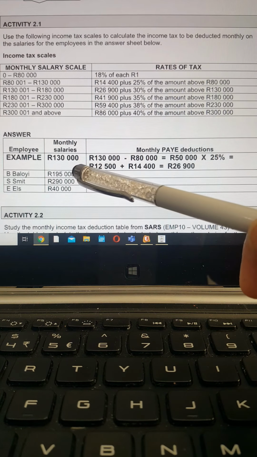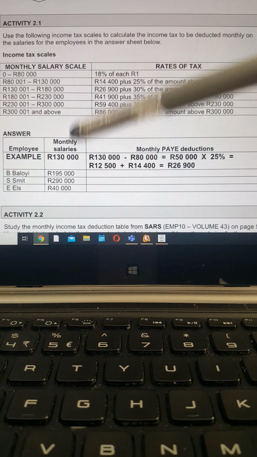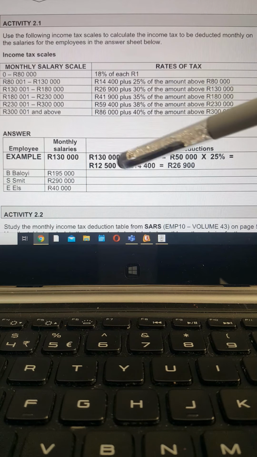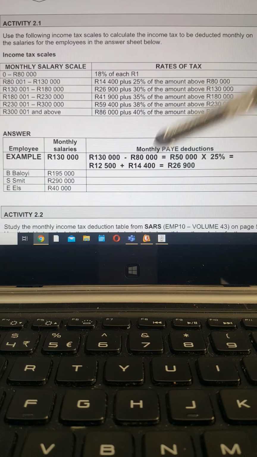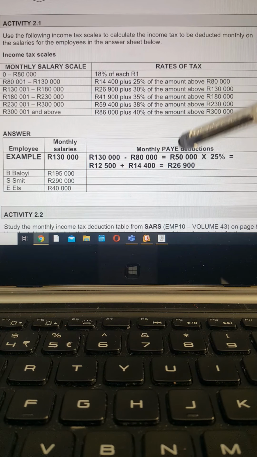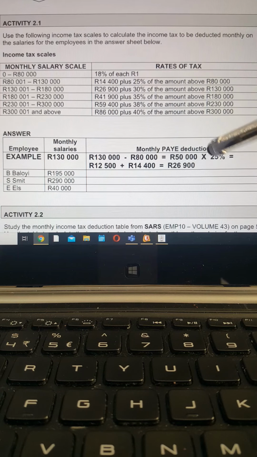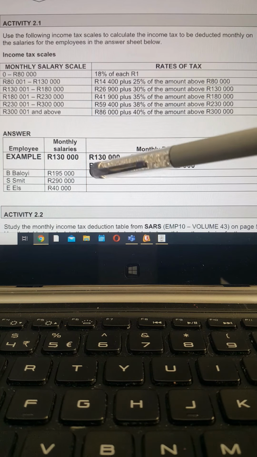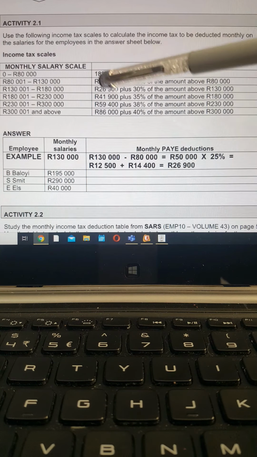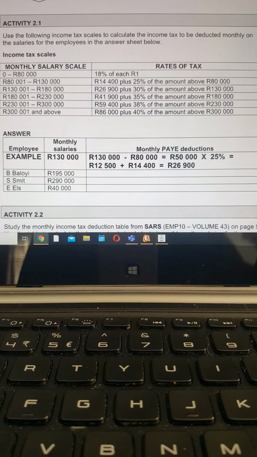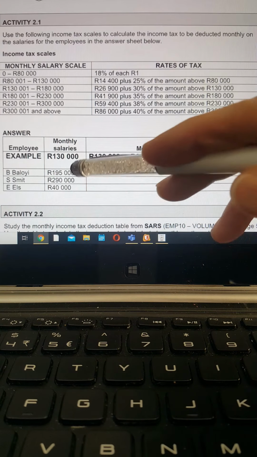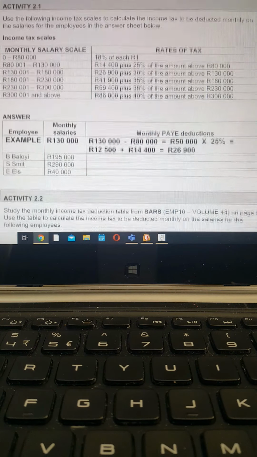Same thing that we did here. We took the 130,000 rand and minused the 80,000 rand. We got an answer of 50,000 rand. So 25% of that answer has to be paid, which is 12,500 plus the 14,400, which is the 26,900 rand, right? So then you're going to try to calculate these three here, which is Activity 2.1.